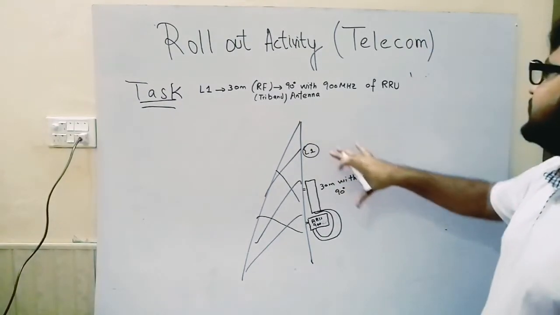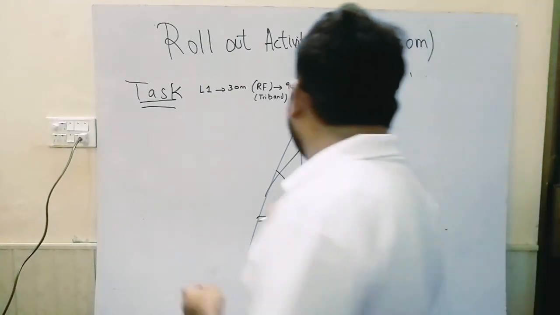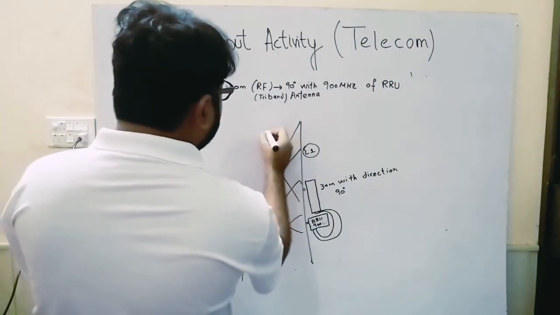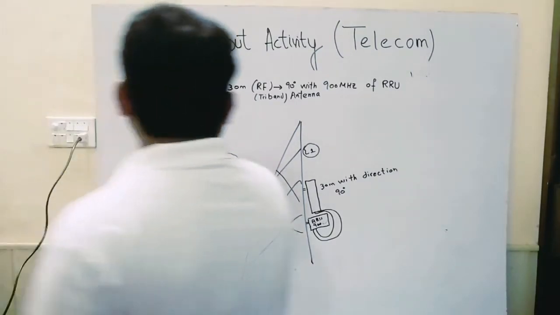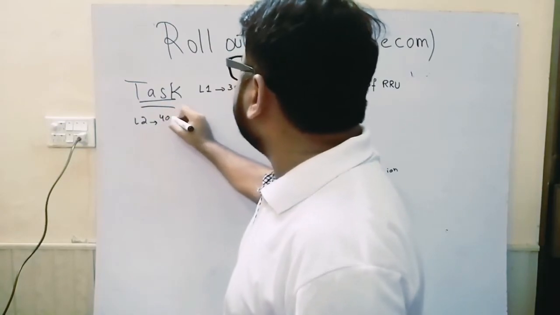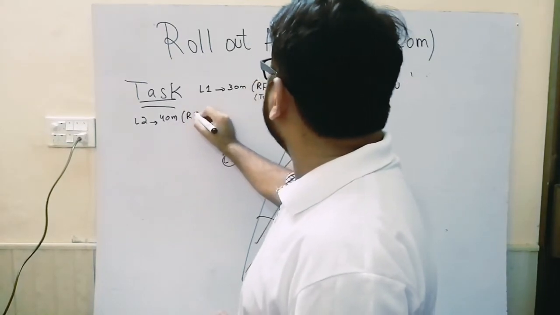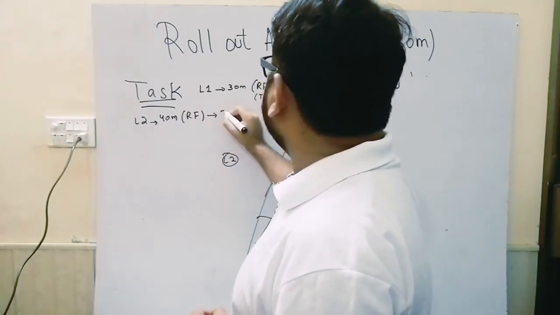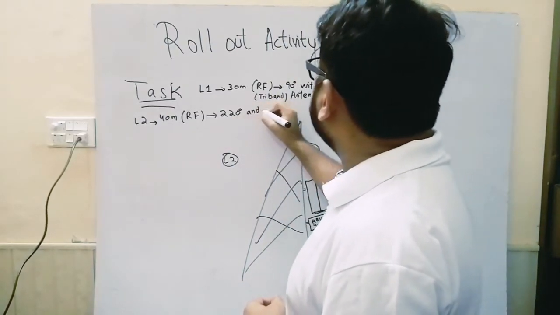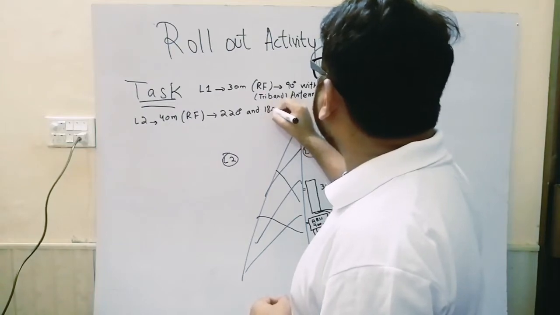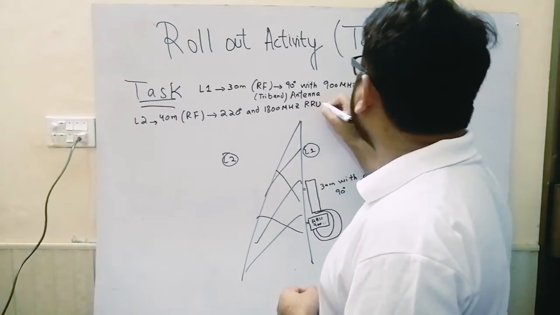After completing the installation from leg 1, move on to leg 2. Suppose this is leg 2. As per the layout, at 40 meter, add one RF antenna with the direction of 220° and 1800 MHz RRU installed with it.